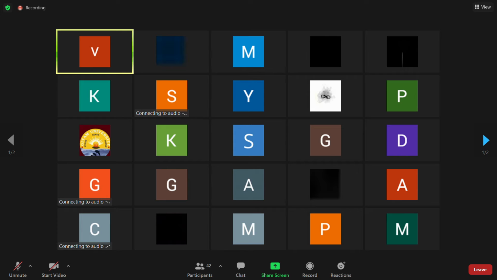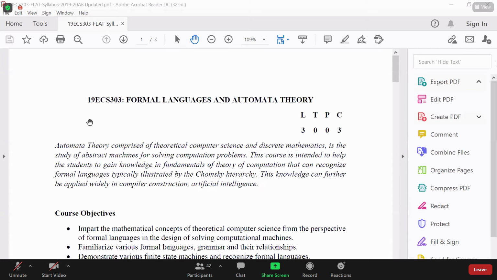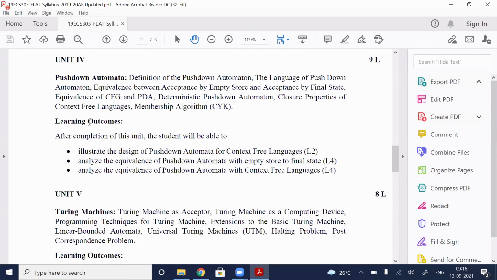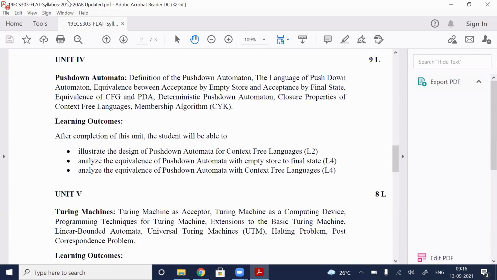For this fourth module, let me show you the syllabus. Is it visible, ma'am? Yes, ma'am.